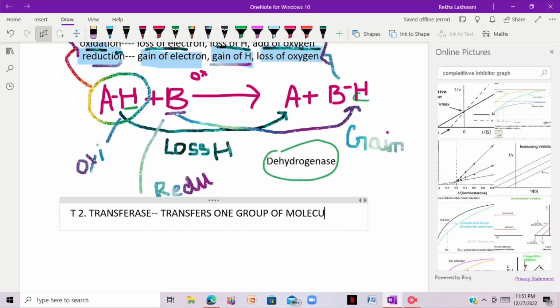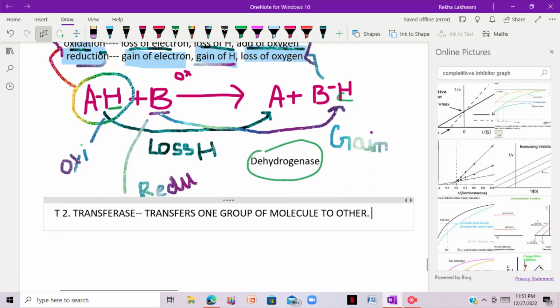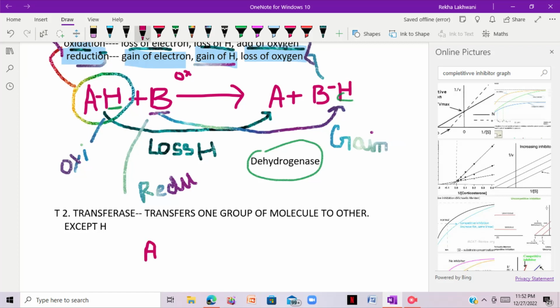Now, for example, this is a reactant, and I'm having this star group with it, and I join B with it. And after the reaction, I see that A is now independent, it's alone, plus now B is having the star group. It means it has transferred this star group.